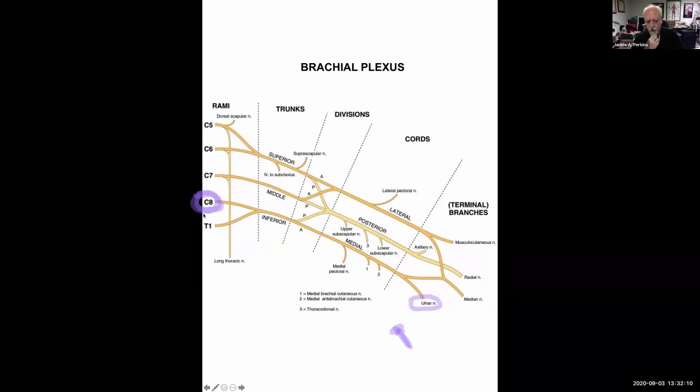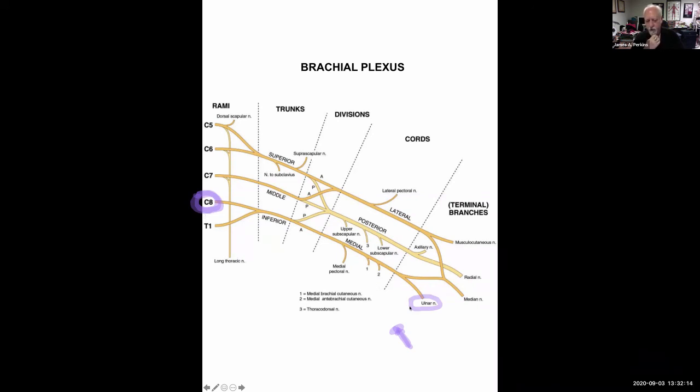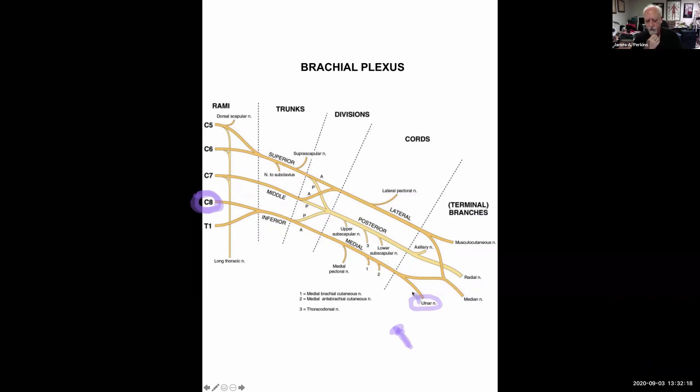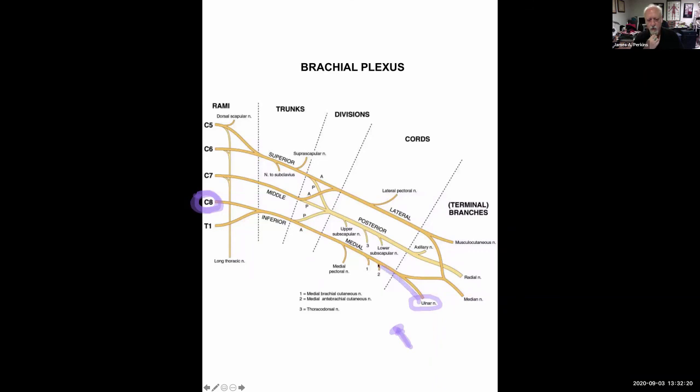So this would be a relatively easy nerve tracing question. They'd have to say, okay, that sensory impulse would travel through the ulnar nerve, through the medial cord, through the anterior division of the inferior trunk, through the ventral ramus of C8 back to the spinal cord at the C8 level.